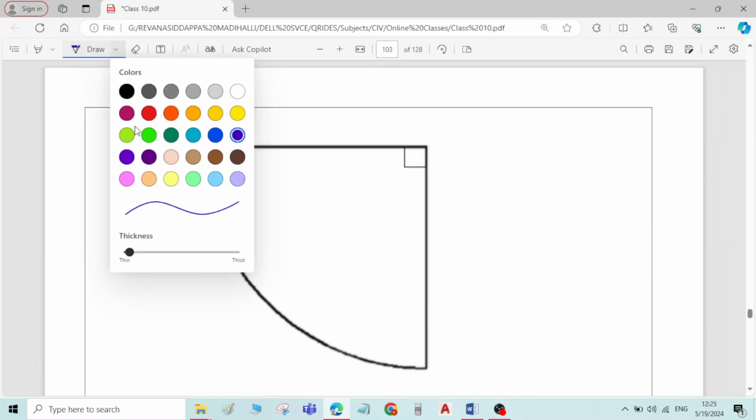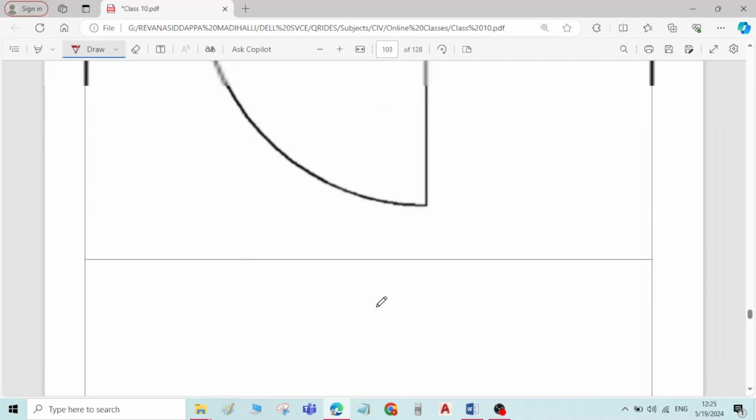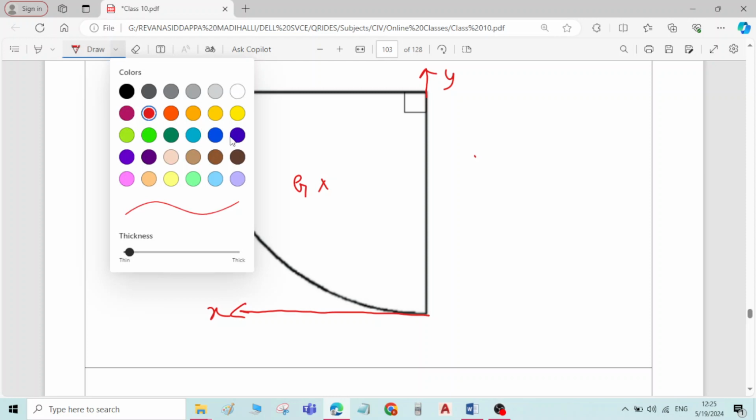Next, for this figure, I will take the reference axis like this, x and y. If I take G as centroid, it is in the second quadrant.